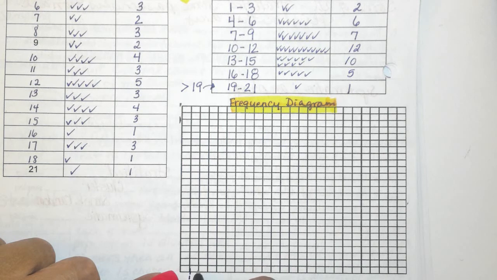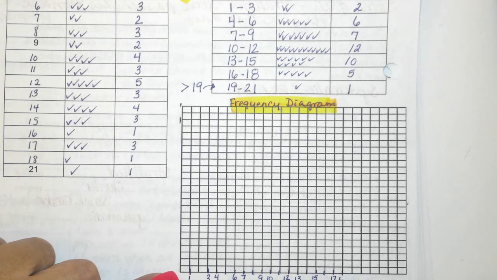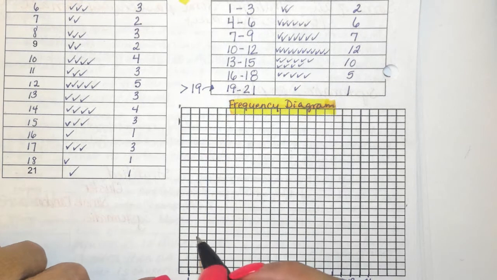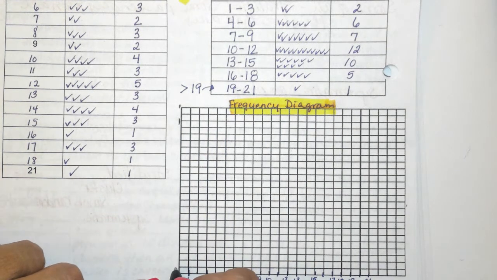So this will be 1, 2, 3, 4, 5, 6, 7, 8, 9, 10, 11, 12, 13, 14, 15, 16, 17, 18, 19, 20, 21.